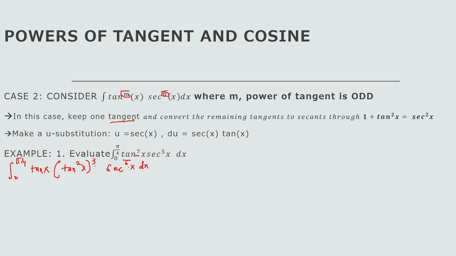So that is correct. Okay, what's the next step? The next step here is to change this form from 0 to pi over 4 tan x to the earlier form. So tan squared x is equal to secant squared x minus 1. So that's secant squared x minus 1 to the power of 3, then secant 5x dx.